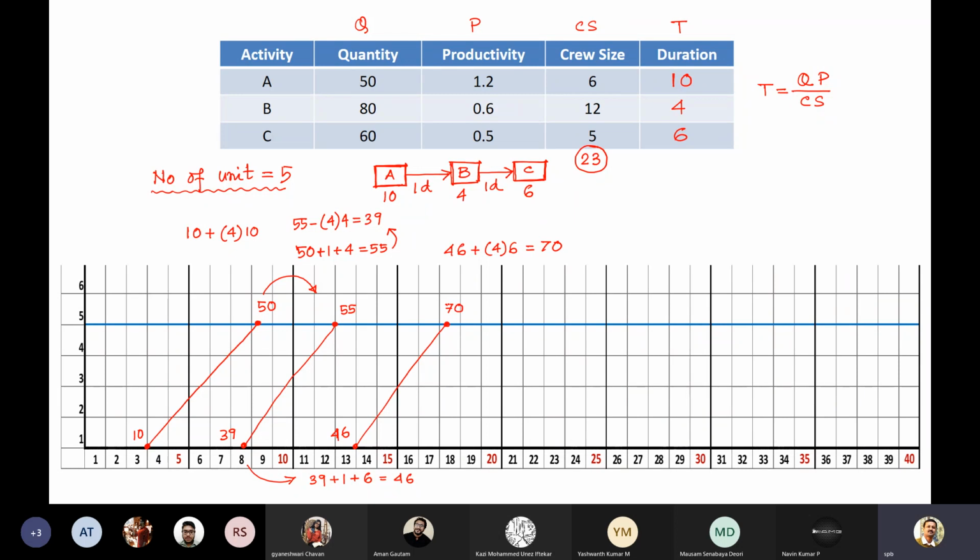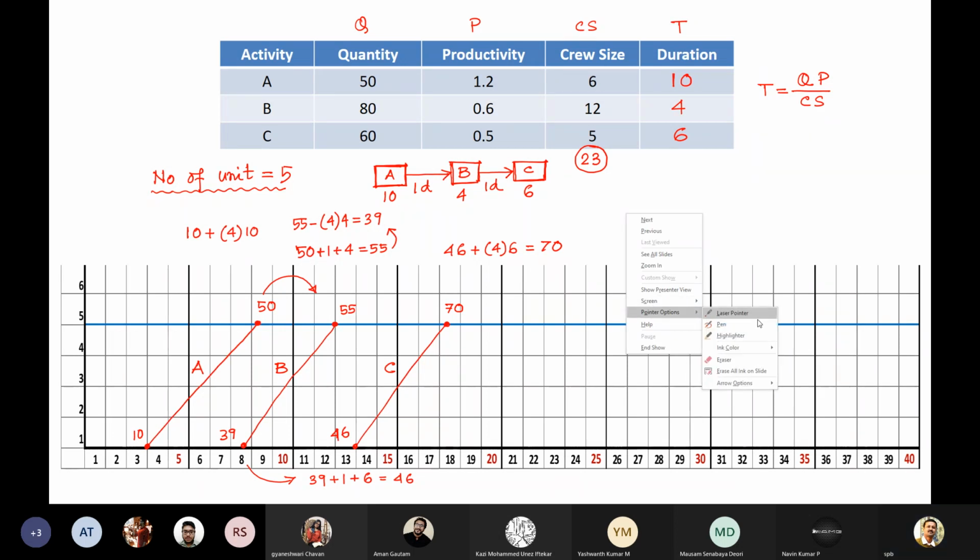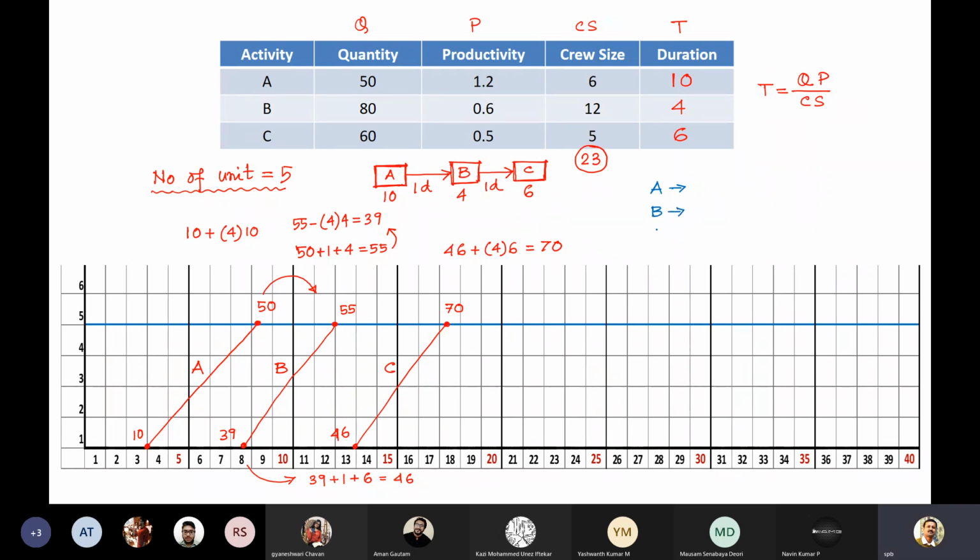You will have 70 days or 70 weeks of time in which you can do this particular work. So I have to write A, B and C, and let me write over here in some other color. A is starting from 1 to 50.